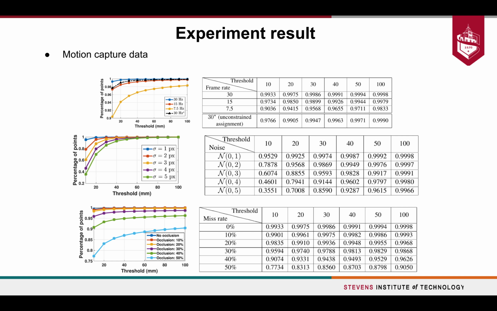You can see with lower frame rate, when the frame rate is very low, the reconstruction has a worse result. And for noise, he adds some Gaussian noise to the observation. You can see when noise is big, the reconstruction totally fails. And second is with different percentages of missing points, maybe due to occlusion, which definitely cannot be observed.